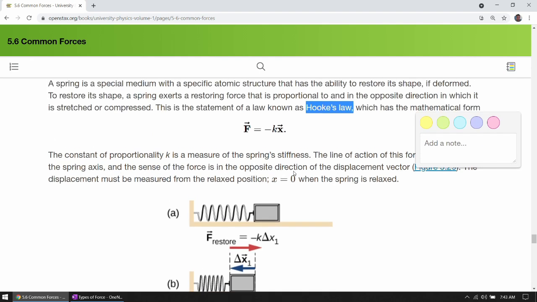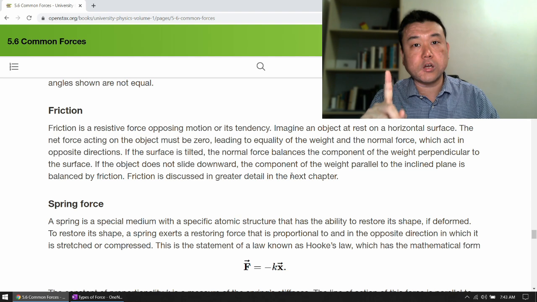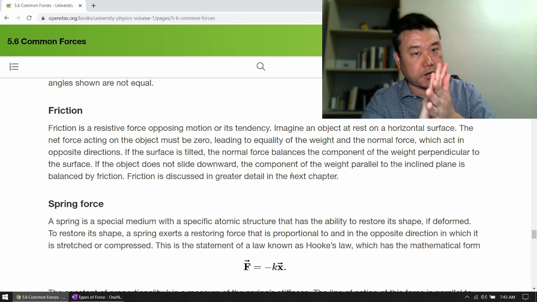Okay, I think that covers all the contact forces that you will see in this class. And this is the great thing about contact forces. In order to exert contact force, two things must be touching.